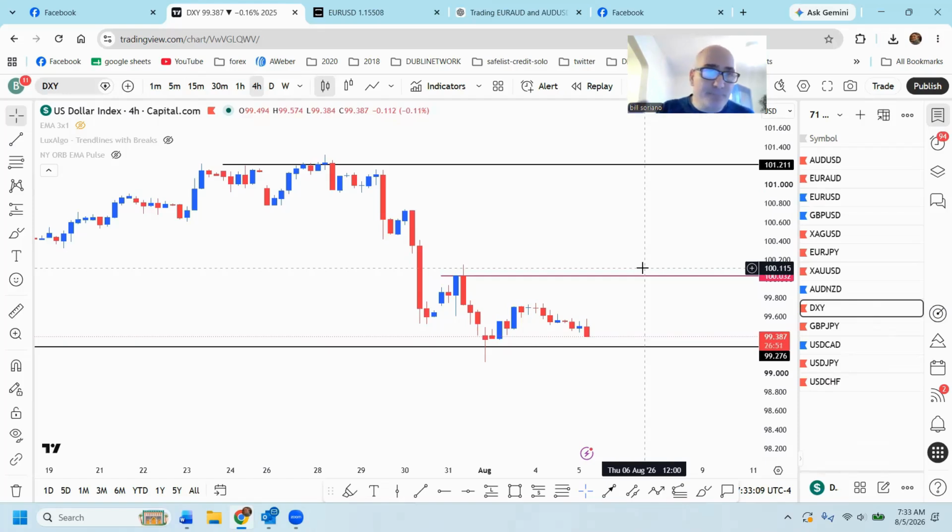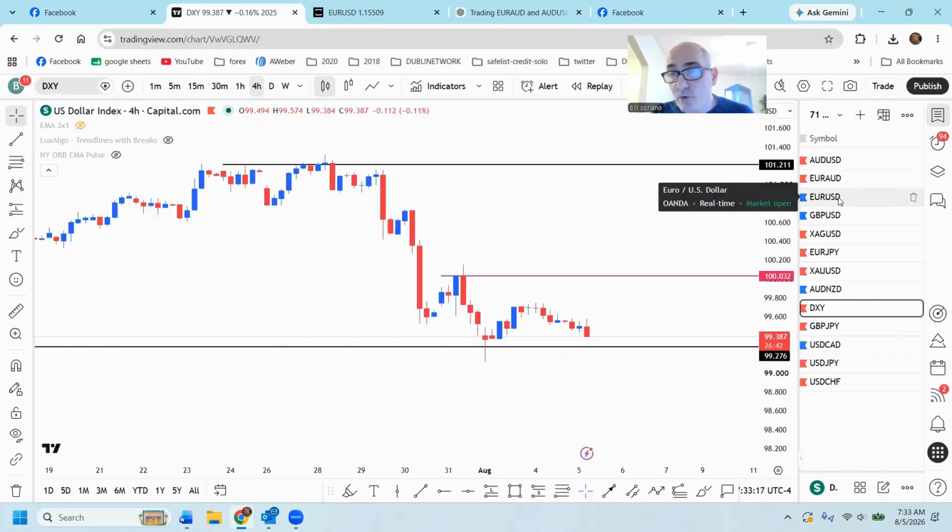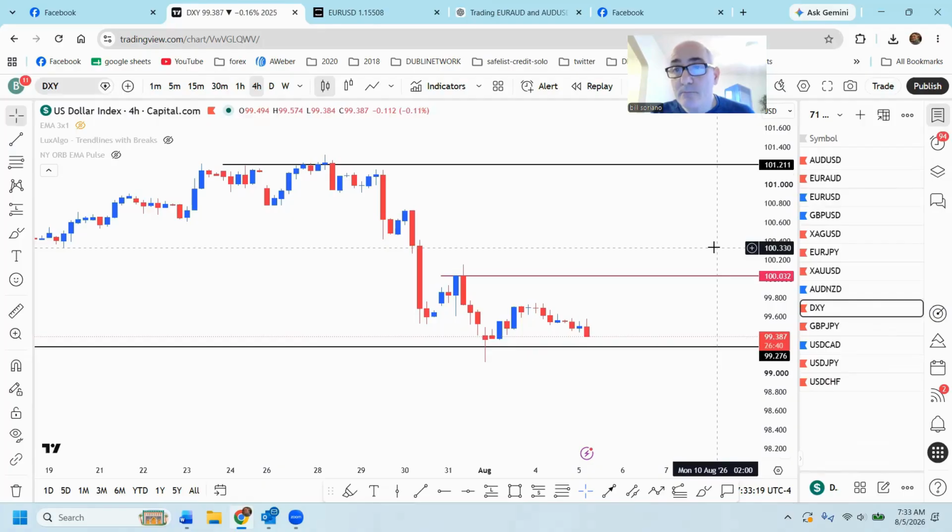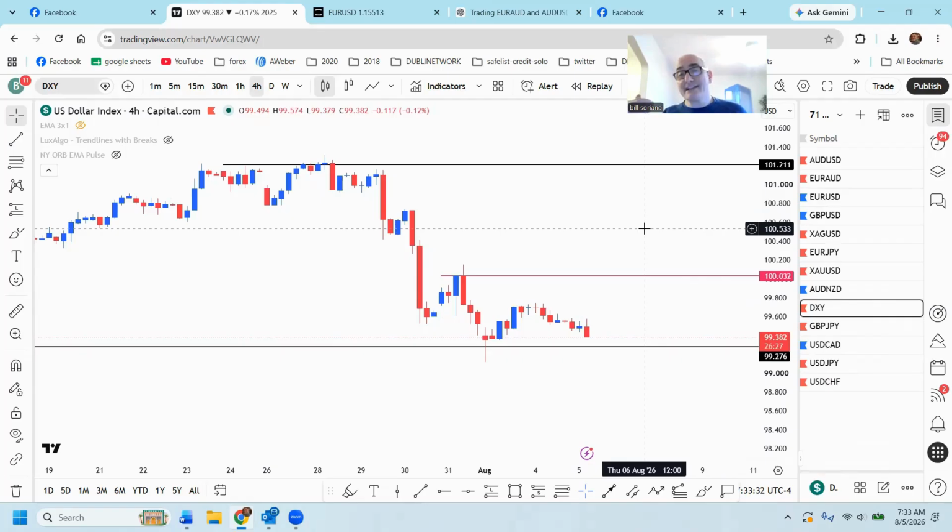Now, there could be some small differences in the way they move, but overall, if you want to take an EUR USD trade bullish, because the DXY is weak, then you would want the USD pair to ideally be in a downtrend, and you would want to take sells. So this is what I'm saying.